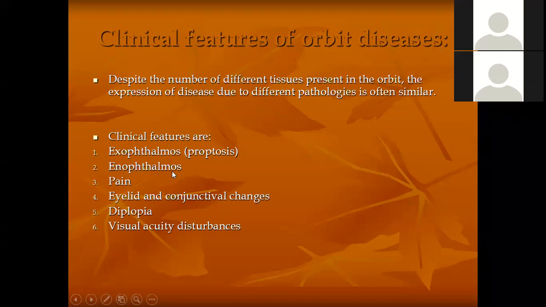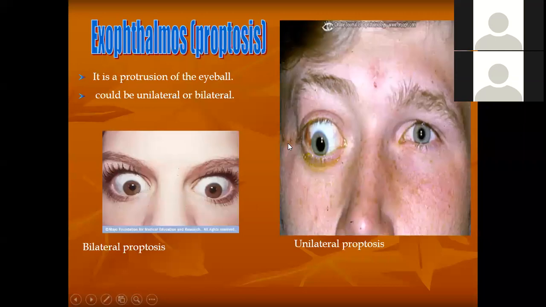Then we have anophthalmos, in which the eyeball, instead of bulging out, is sunk deep, so that it looks like the eyeball has got smaller in size. It looks like that, but it's basically anophthalmos. Then there might be pain in the eye, eyelid and conjunctival changes, diplopia, and visual acuity changes.